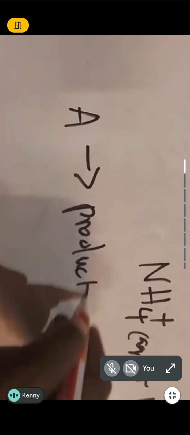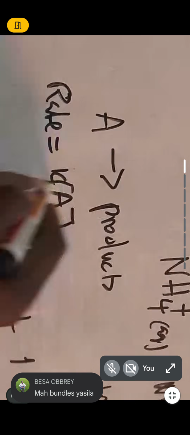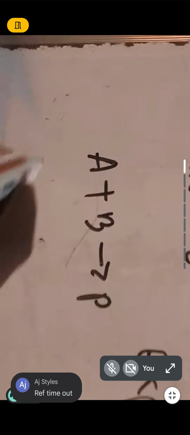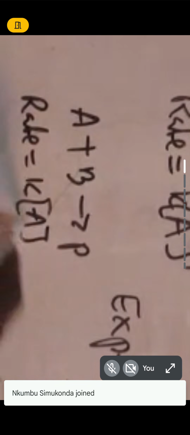So suppose you have a reaction where A forms the products. In this case, rate will equal k[A] to the power n, since it is only one. Then if you have a situation like A plus B forms the products, rate will be k[A] to the power n times [B] to the power m, since there are two.